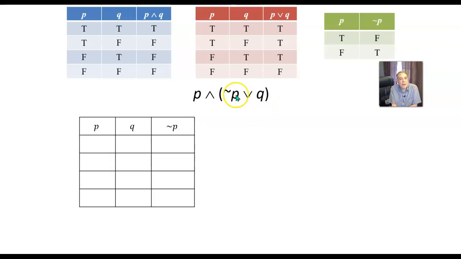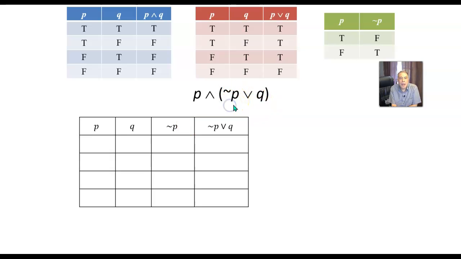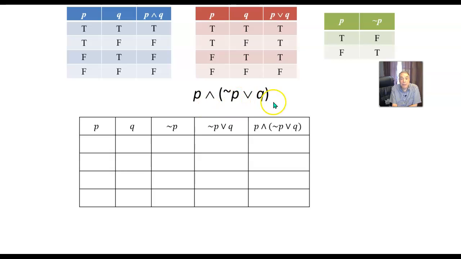Then we're going to say what the negation of P is, and we're going to then work out not P or Q, the expression inside the parentheses. And finally, we're going to put that together with P and that expression. And that'll be the value of the whole thing. So to start with, we're going to fill in true, true, true, false, false, true, false, false. Those are the four possible truth values for P and Q individually.